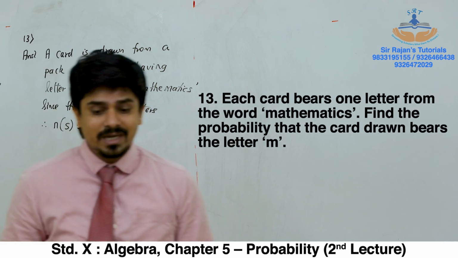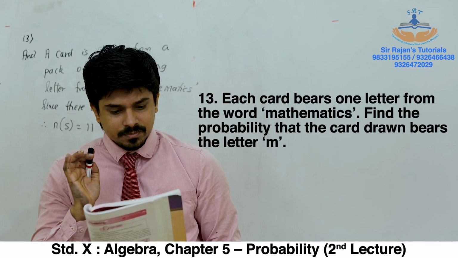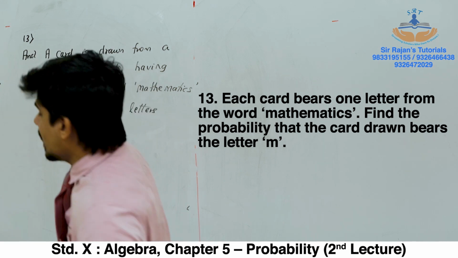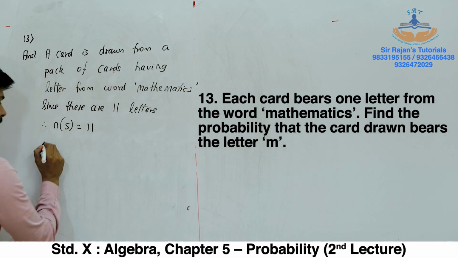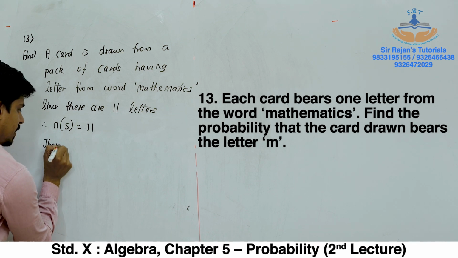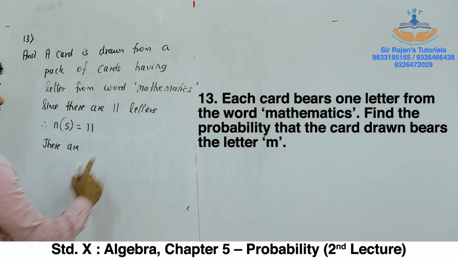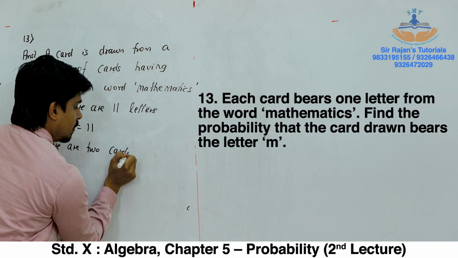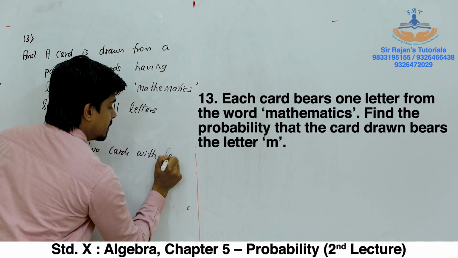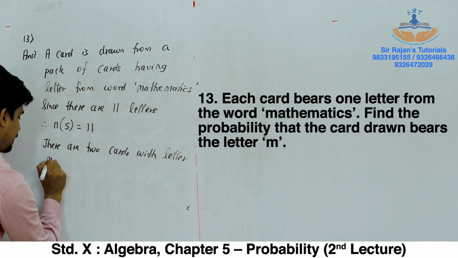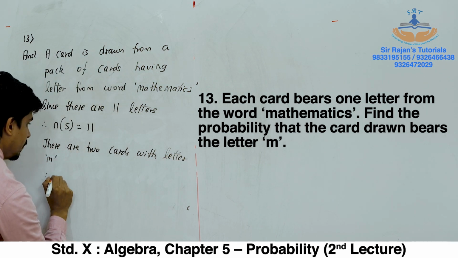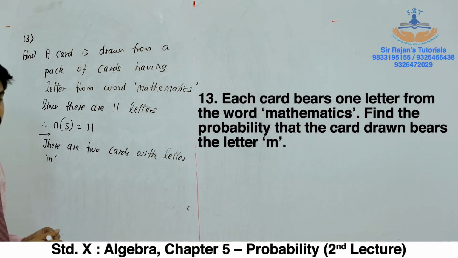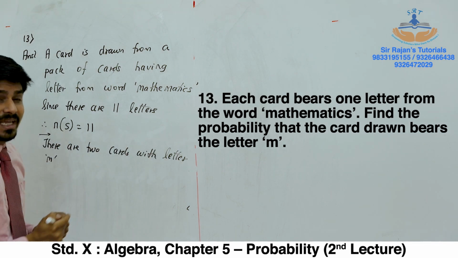Now what is the first event that they have defined over here? The card should bear the letter M. There are how many cards having letter M? 1, 2. There are 2 cards with letter M. Therefore, before that you need to write over here, write that event.